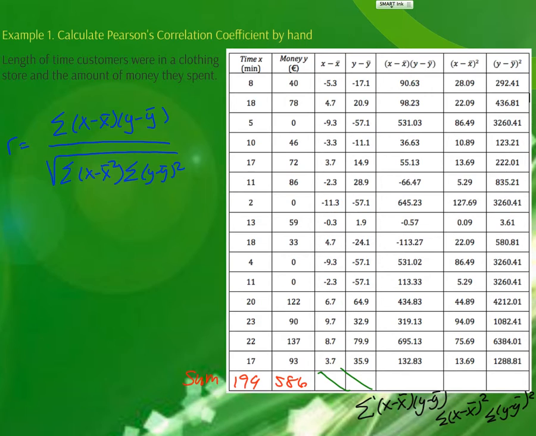Whenever you're done, feel free to let me know what you got. You might notice, I probably should talk while you're doing it, but your calculator can't even handle all of the data at once. You have to do half of it and then keep adding the other half of it.